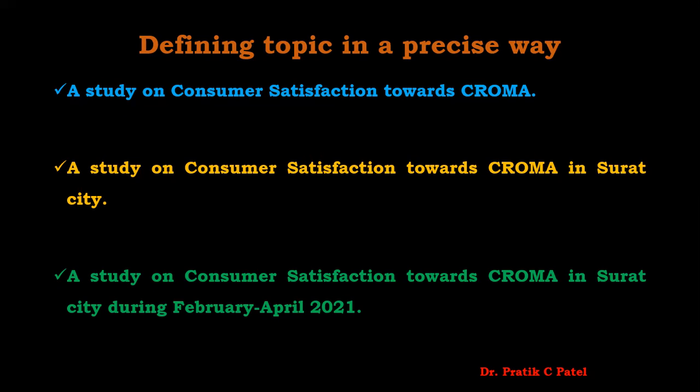So by specifically mentioning the time duration also, you give the future researcher an idea that it was conducted during this time frame only. And based upon that, those who are reading your report will form an idea about your research. So define your topic in the most precise way. It will help you also and others who are going to read your research project in future as a part of their literature review.